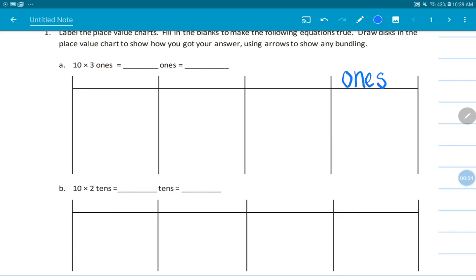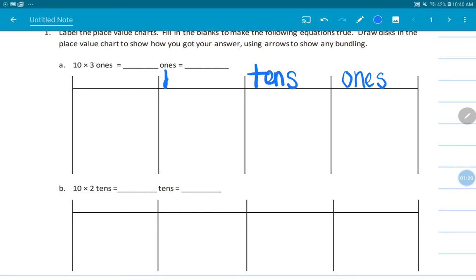Okay, what's the next smallest unit on our whole number place value chart? Olivia? Tens. So we'll label that tens. As we move up in value to the next unit, what is that going to be, Amy?